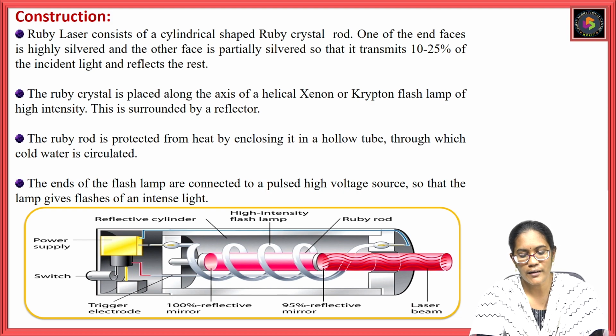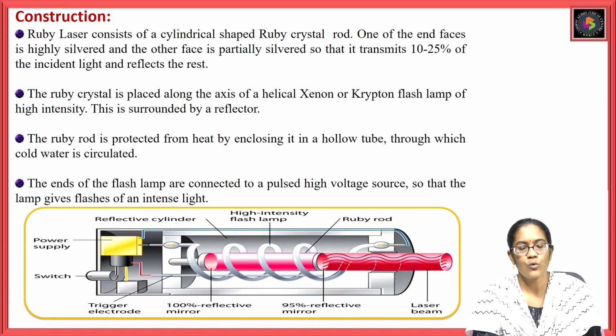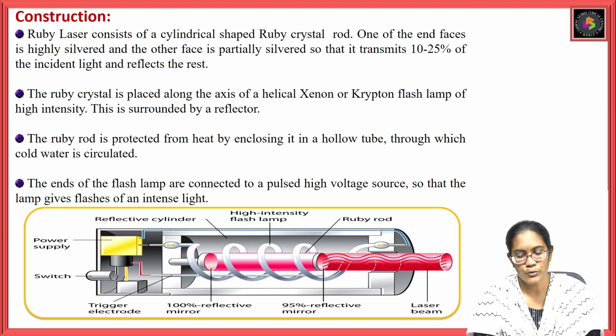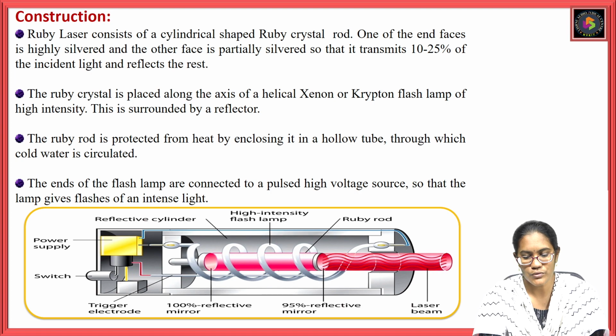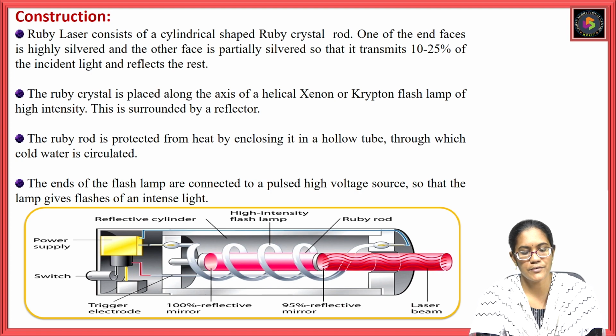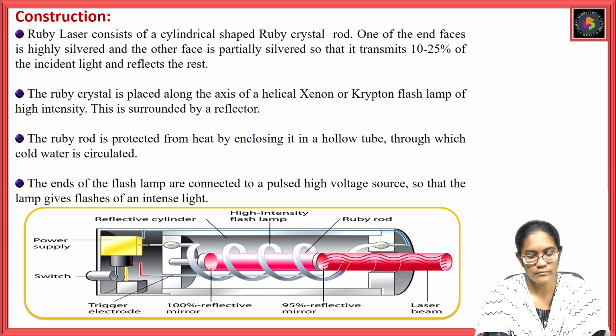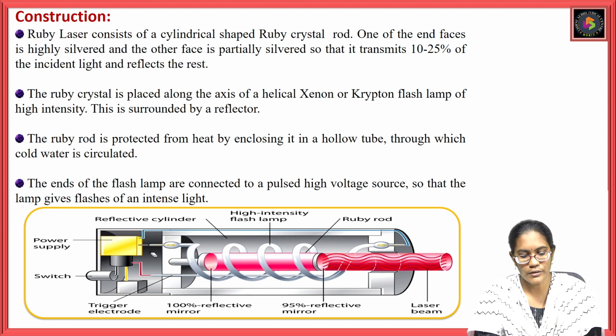The Ruby rod is protected from heat by enclosing it in a hollow tube through which cold water is circulated, so that we can remove the excess heat. The ends of the flash lamp are connected to a high energy source, a high voltage source, so that the lamp gives flashes of intense light.